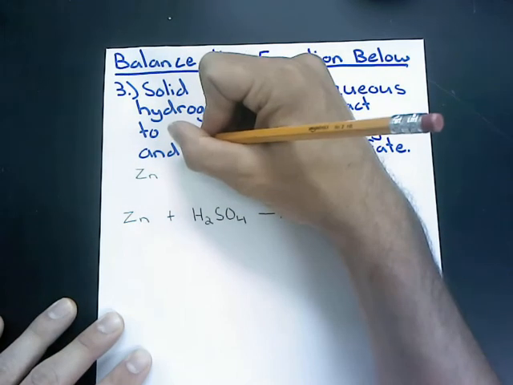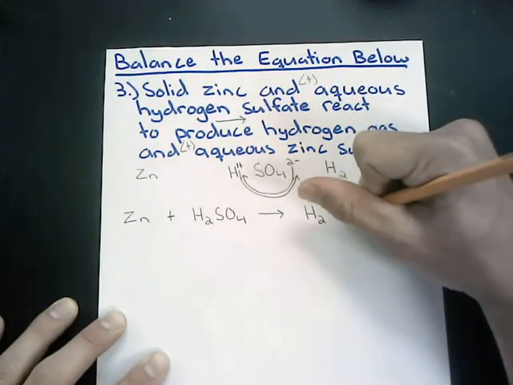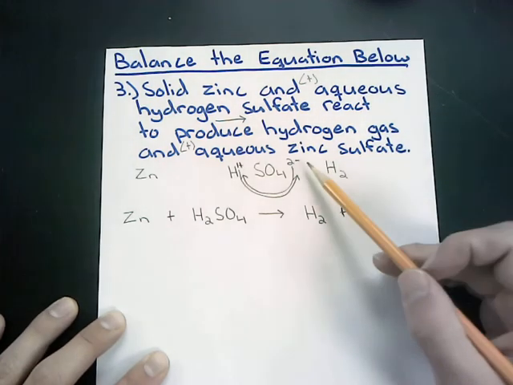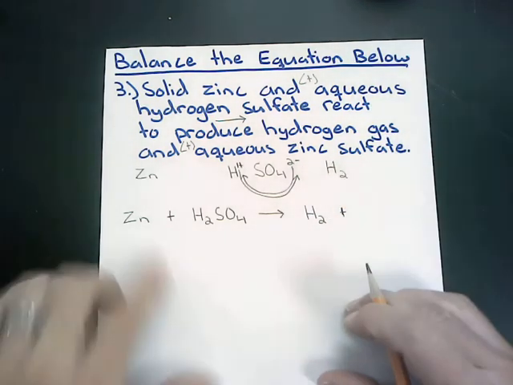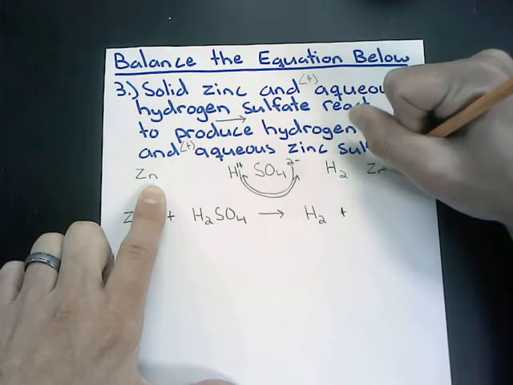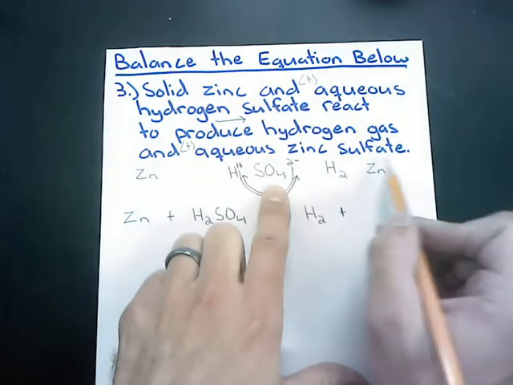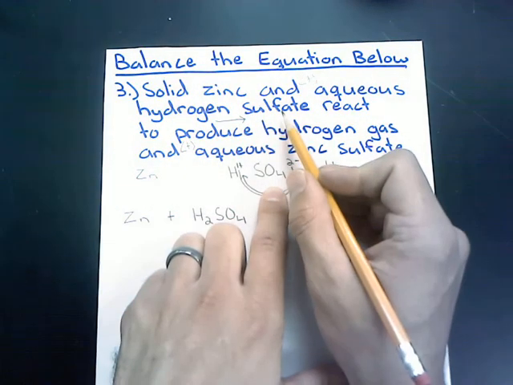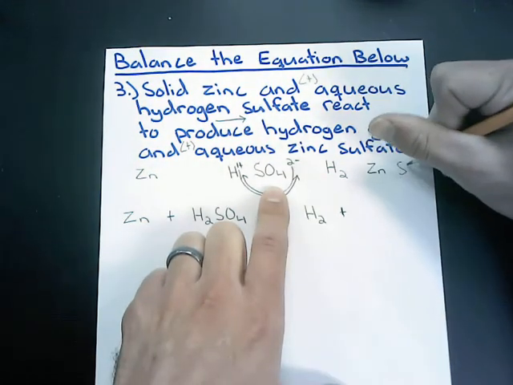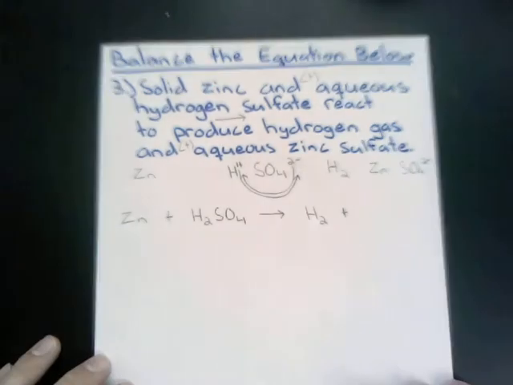And then you see the "and," which is a fancy word for putting a plus sign. So we put that plus sign, and then it says zinc sulfate. So the symbol for zinc is still Zn, and then we have sulfate, which is the same thing that we looked up here. So it's SO4, and its charge is 2-.